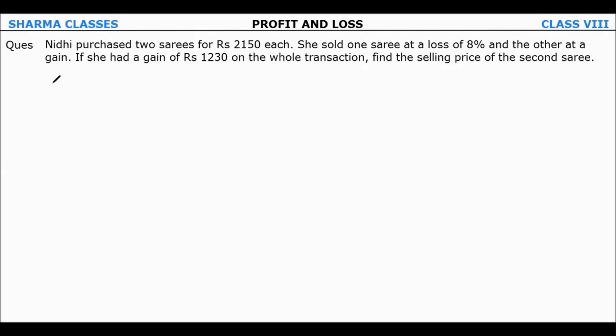So if purchased is written, that means this is the cost price, CP of first saree. So here we can see CP of first saree is rupees 2150 and CP of second saree also same.